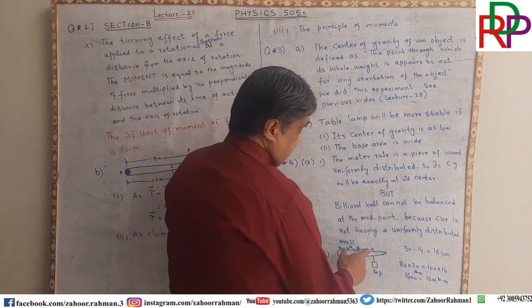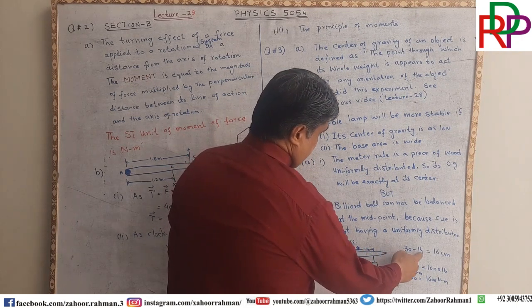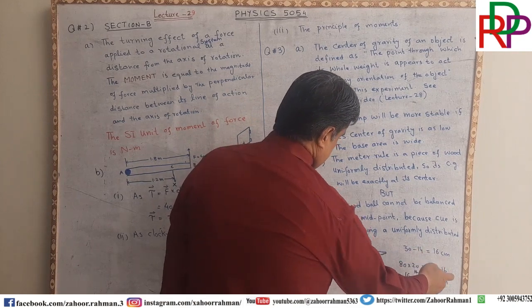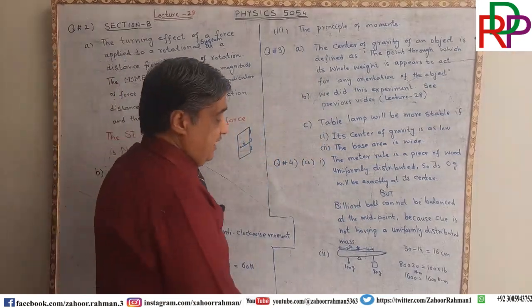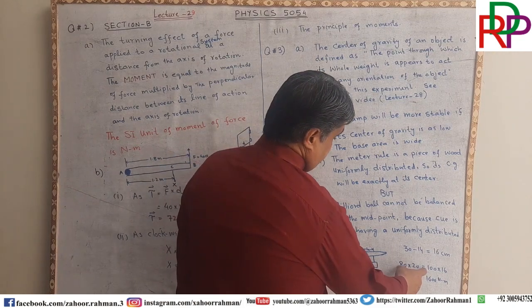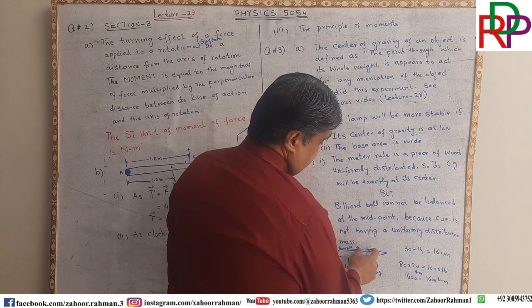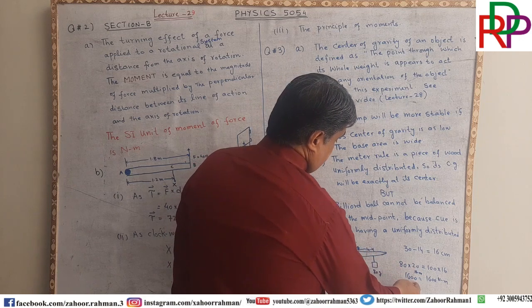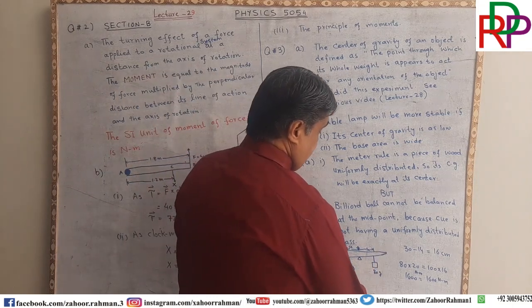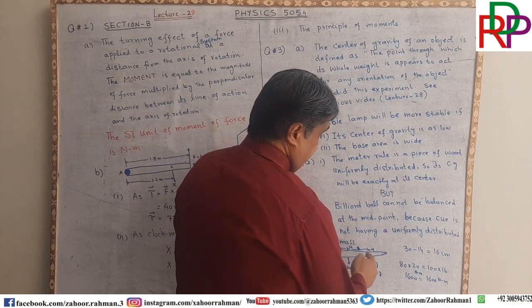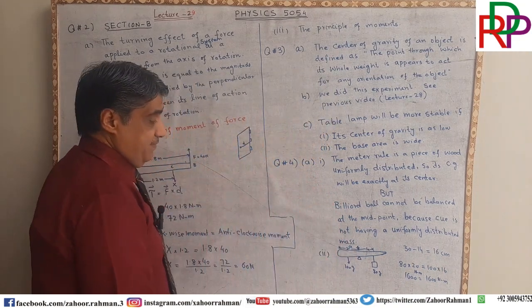So the total is this 30, and when we subtract this 14 from 30, it will come out to be 16 centimeter. Now clockwise moment is 80 multiplied by this 20, and that is equal to 1600 Newton meter, and anti-clockwise is 100 times that 16 we found from the center of mass.